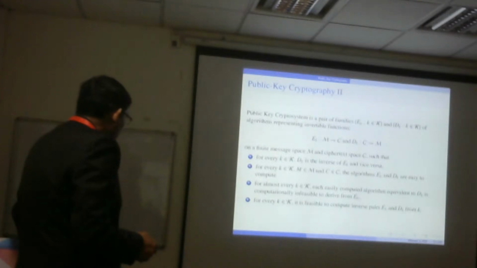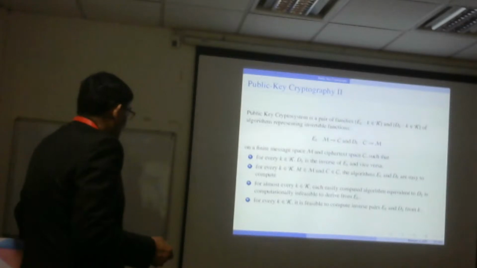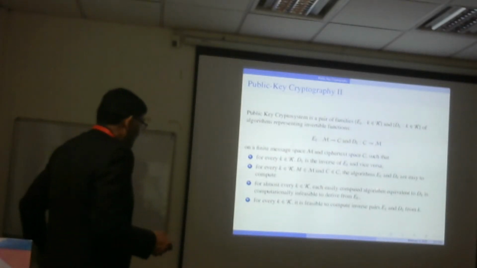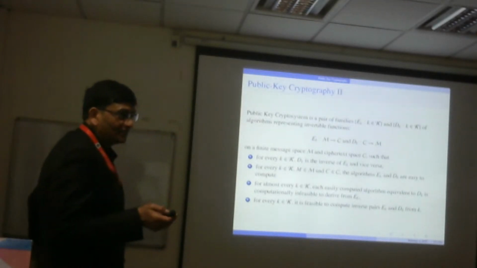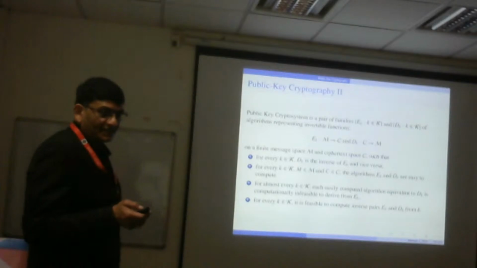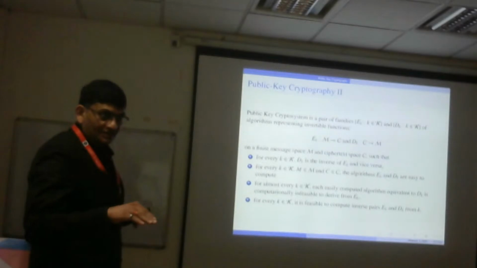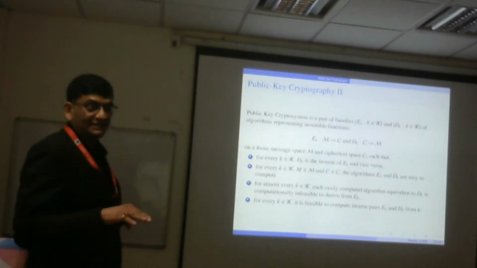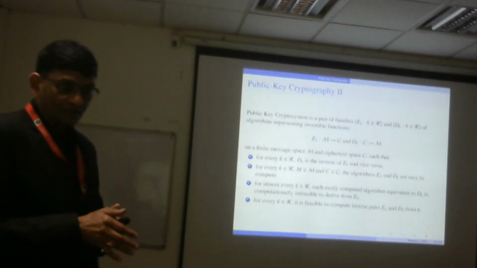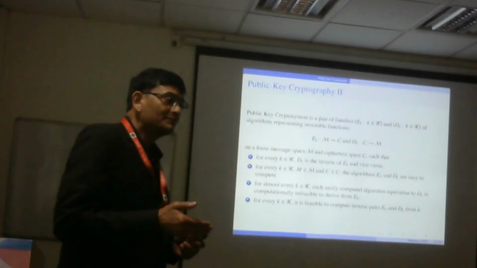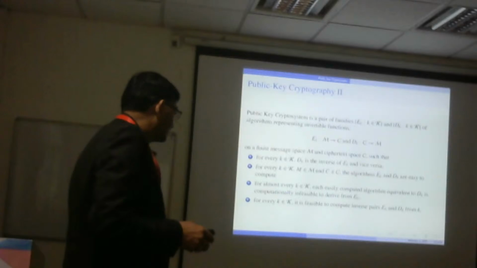For every k in the key space, m in the message space and c in the ciphertext space, the algorithms ek and dk are easy to compute. What does this mean? For any public key algorithm, encryption and decryption have to be easy. Easy means we should have an efficient algorithm for encryption and decryption, so encryption and decryption should be in polynomial time. Okay.